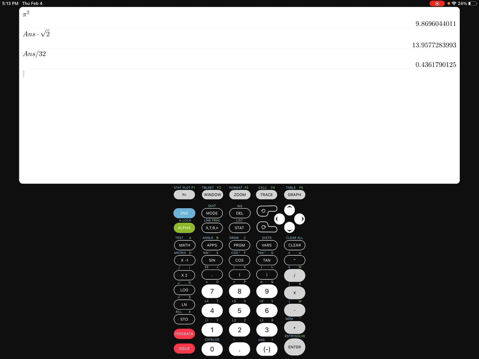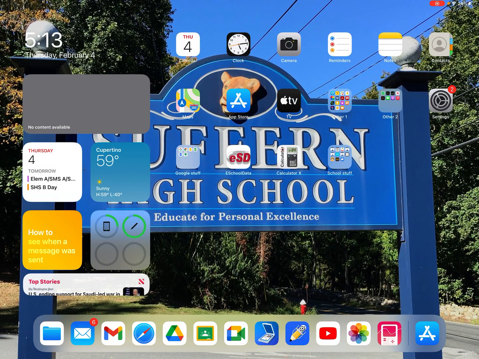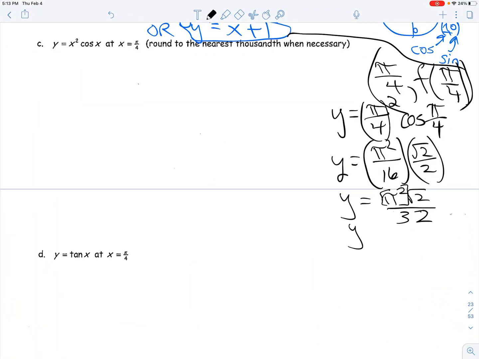So nearest thousandth, right? Tenths, hundredths, thousandths, ten-thousandths. So 0.436, tenths, hundredths, thousandths spot. 0.436 to the nearest thousandth.